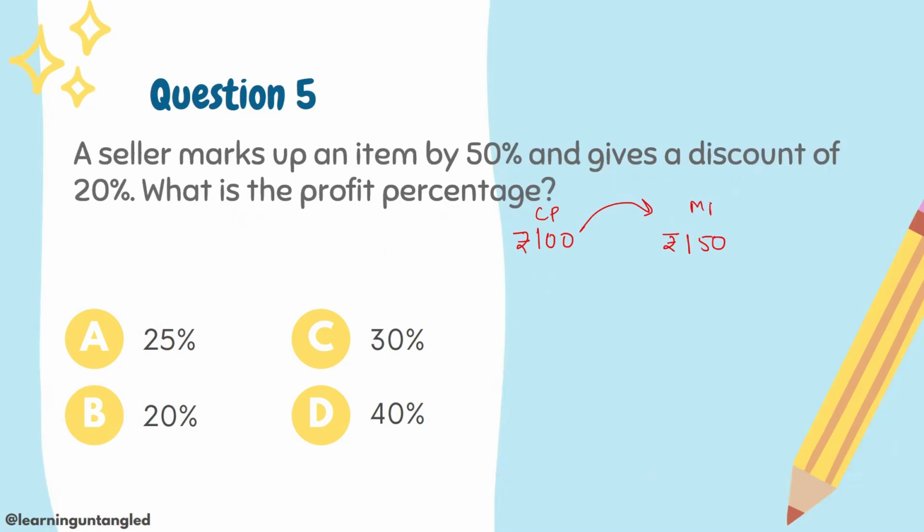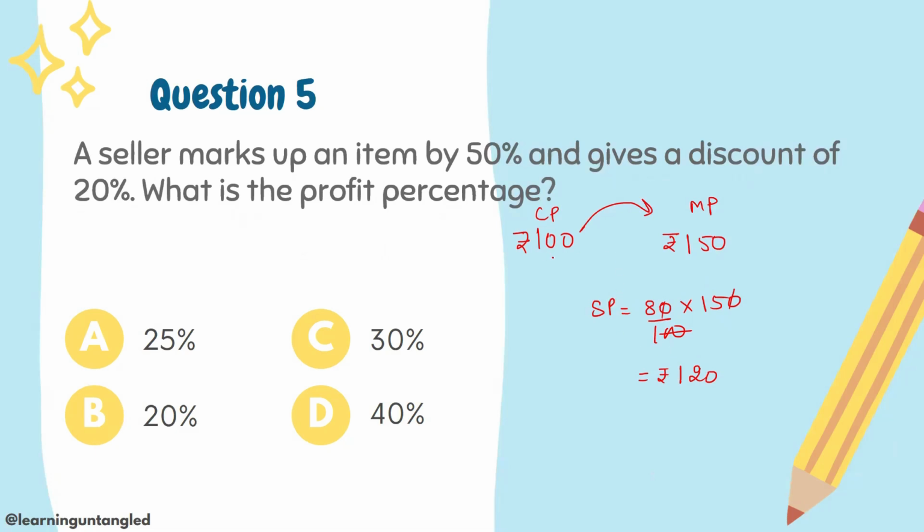This is the marked price. He's giving a discount of 20%, so the selling price is 80% of the marked price, which is 150. You can solve it and you would get the selling price is 120 rupees.